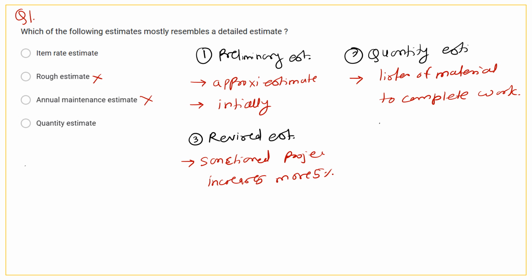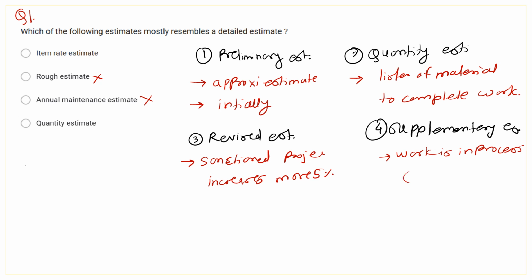The fourth is supplementary estimate. This supplementary estimate is used if the work is in progress and some extra material may be required during the work progress, so that estimate is considered under the supplementary estimate.